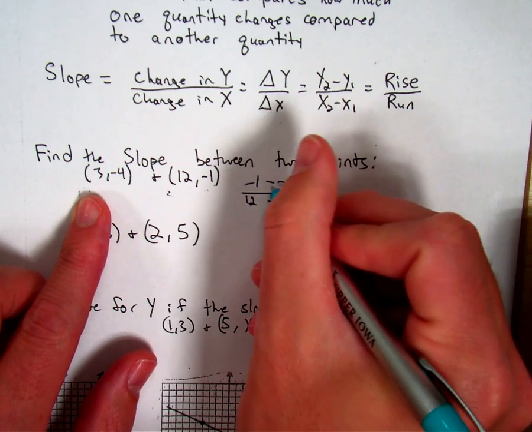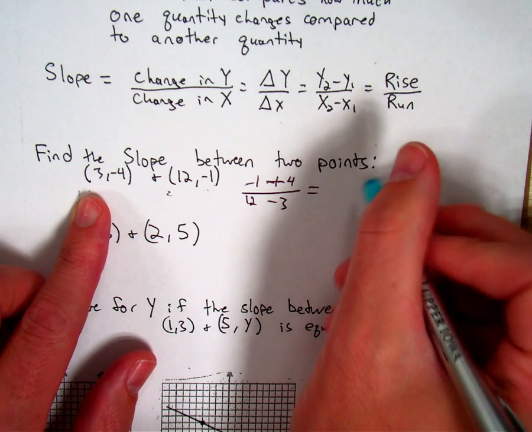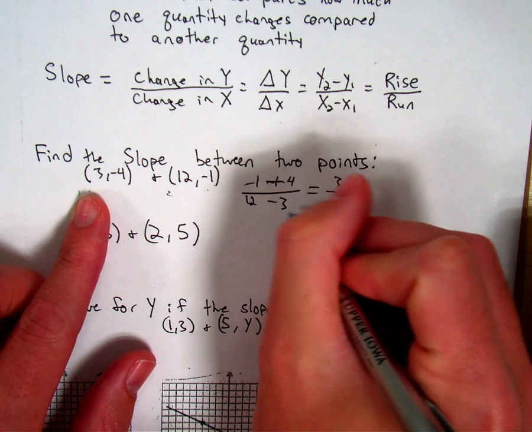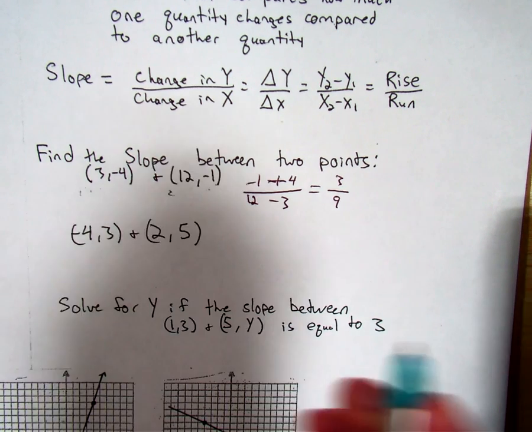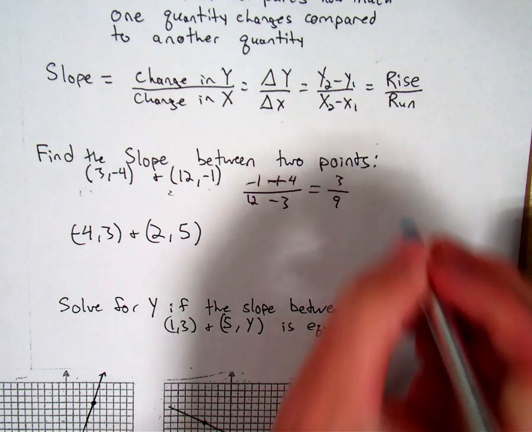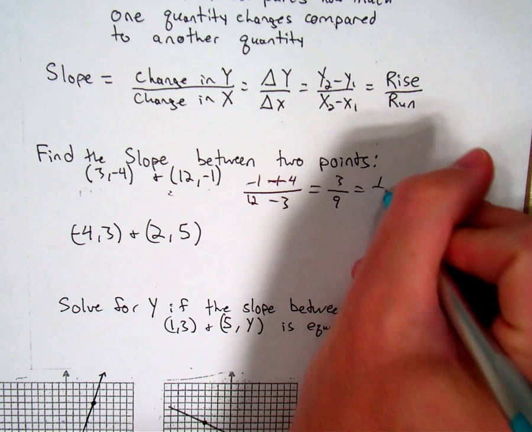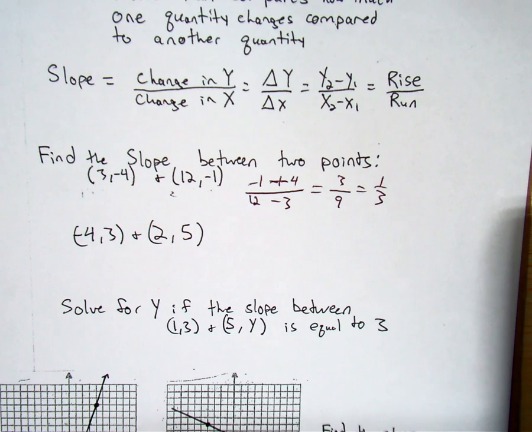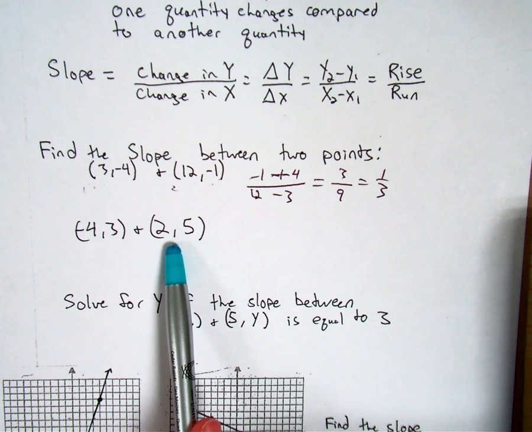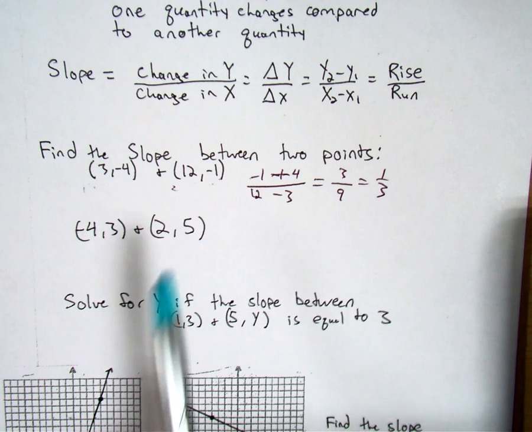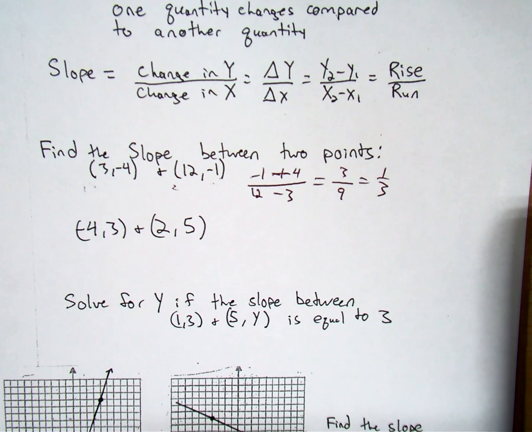So minus a negative is going to turn into a plus. We'll have a positive 3 on the top, 12 minus 3 is 9 on the bottom, and we should be coming up with 1/3. So going up slowly to the right. Okay? Why don't you hit pause on the video here and go ahead and do this one on your own.